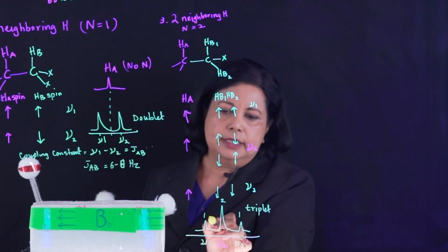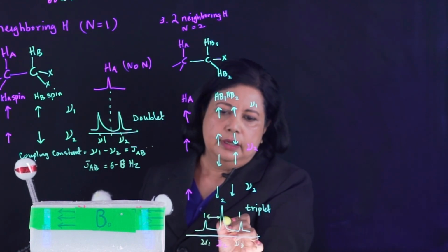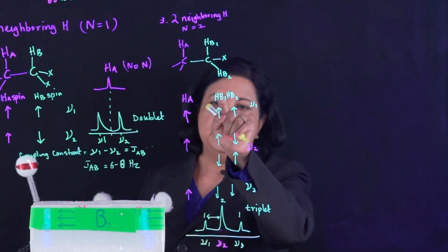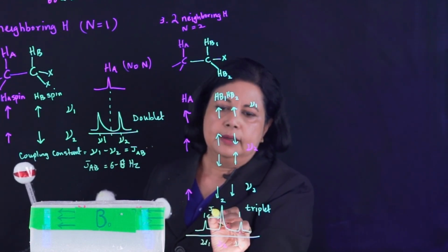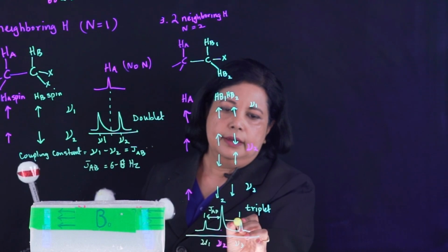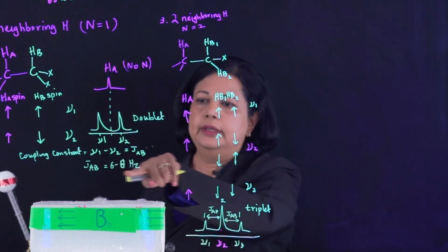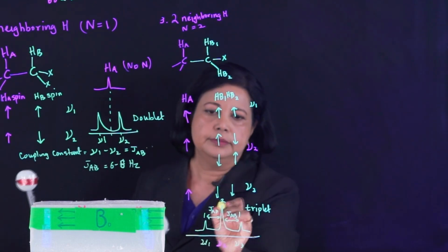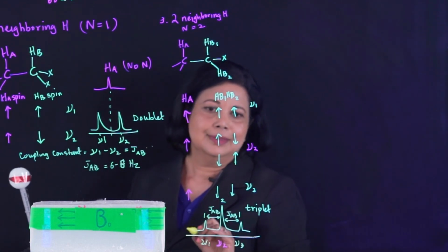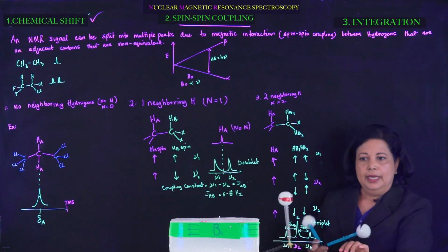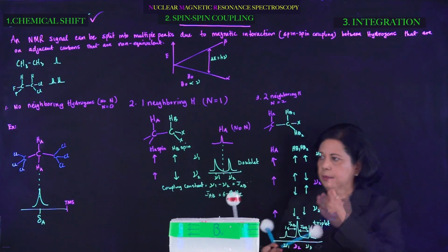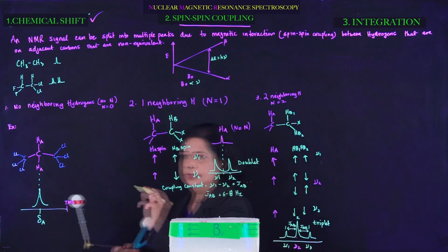And the coupling constant here is going to be JAB. And they would be about the same as here, 6 to 8 hertz. All right, so we have a triplet, a doublet, and here's a singlet.